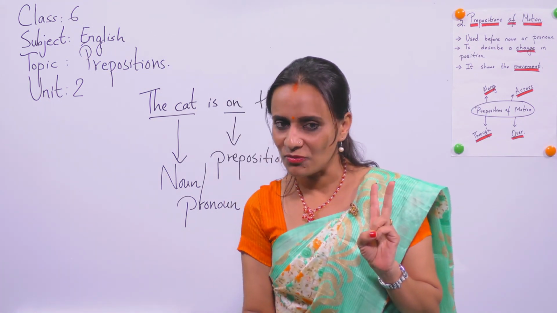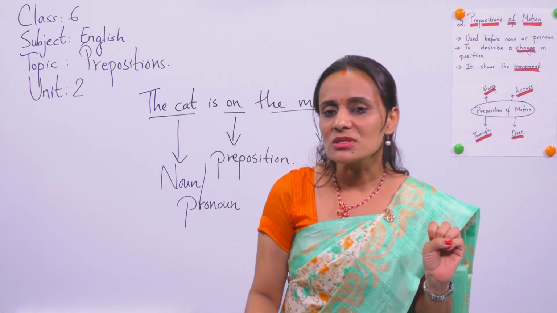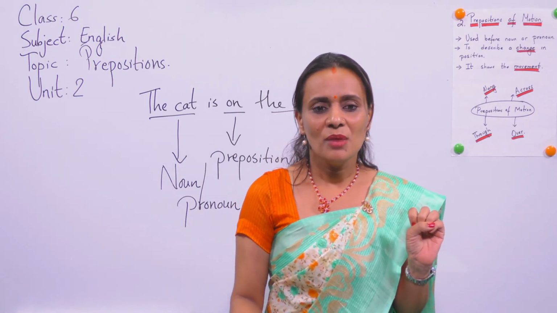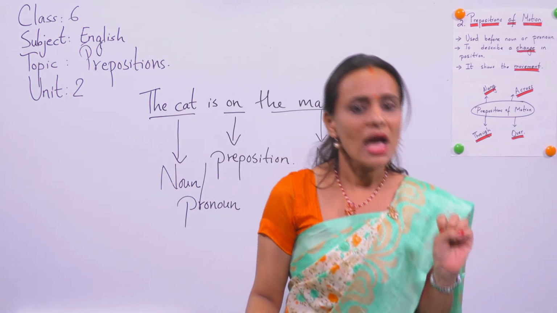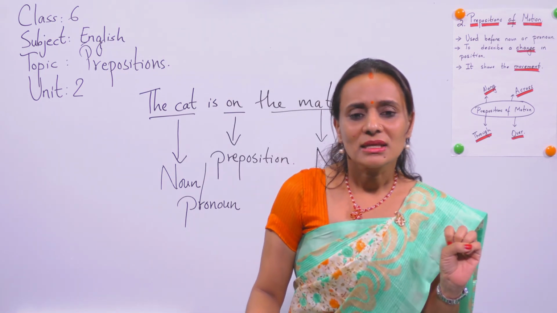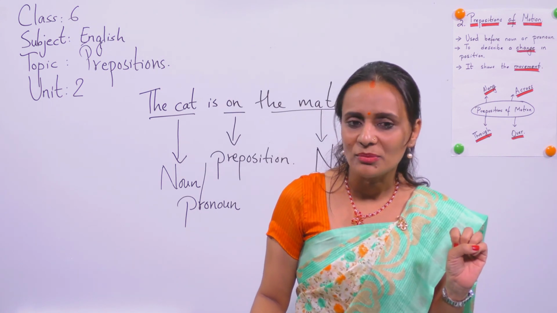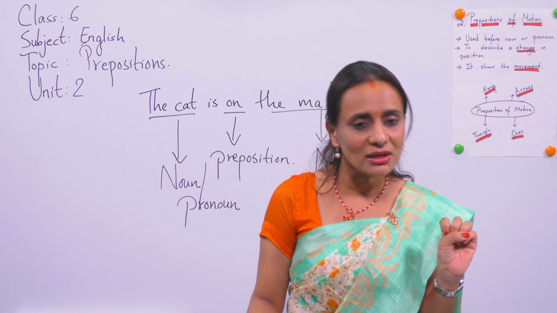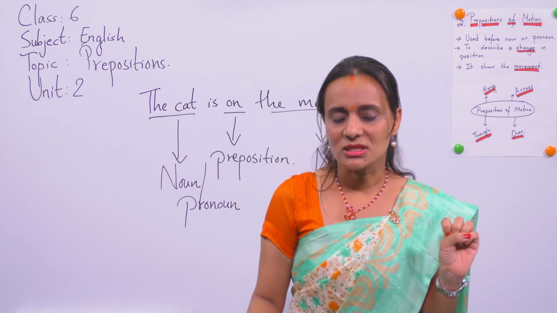One is preposition of place and the other is preposition of motion. We did some examples of prepositions of place and prepositions of motion also, examples of the two types. I've given you so many pictures, and I made you familiar with those words with the pictures.